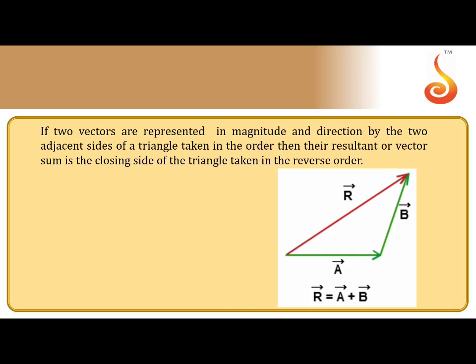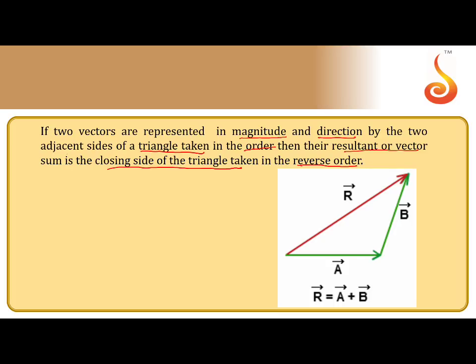It states that if two vectors are represented both in magnitude and direction by the two adjacent sides of a triangle, taken in order, then the resultant vector is the third side of the triangle taken in the reverse order.